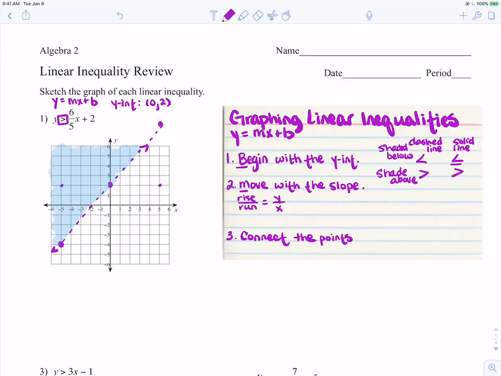And in this practice, if you see an equation or an inequality, if the inequality is in standard form, ax plus by equals c, then solve for y first to get it into y equals mx plus b.